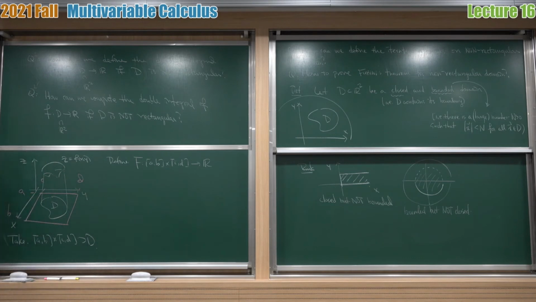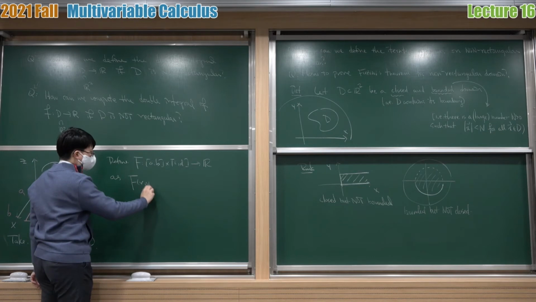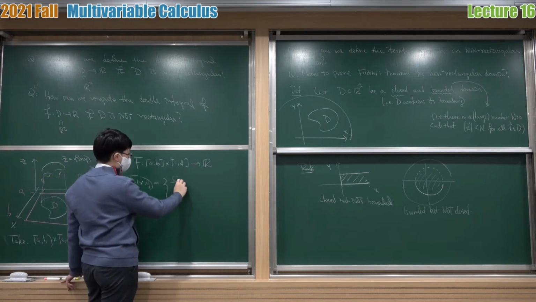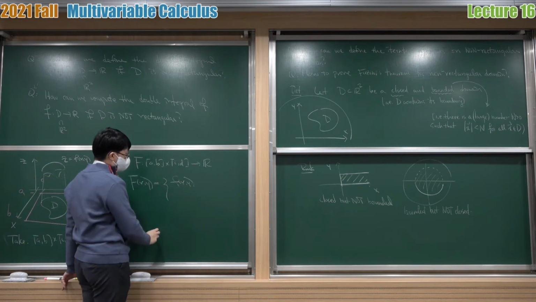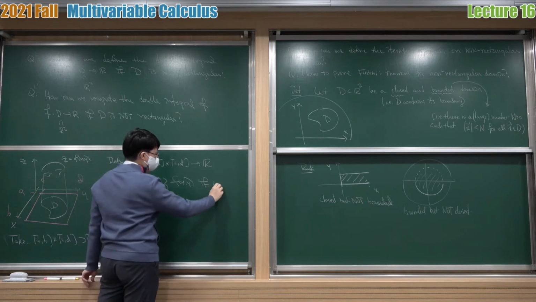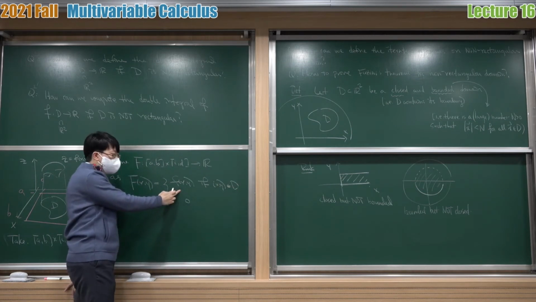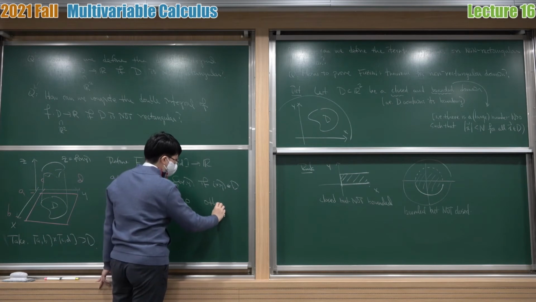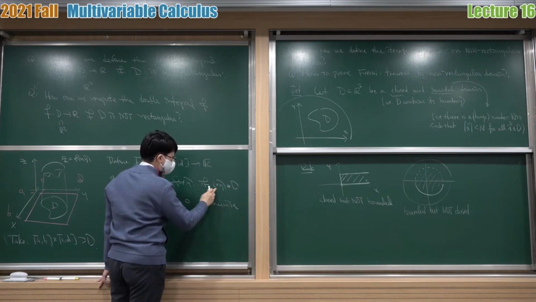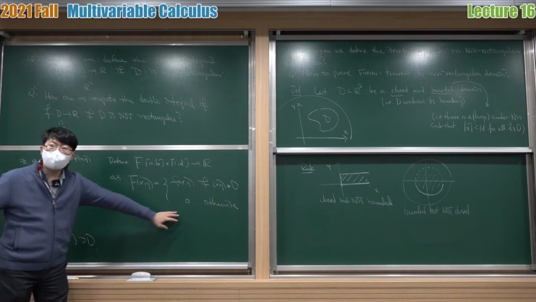Okay. And then define another function. It's different from small f, such that the value of large f of x, y is equal to small f of x, y, or 0. So if x, y is in D, then I take the value of small f. Otherwise, if x, y is not in D, like outside of D, I take 0.